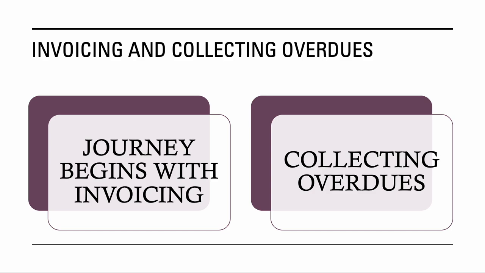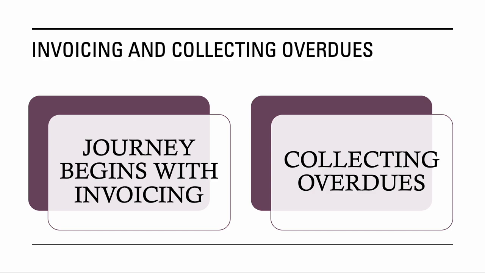One, he hasn't paid the dollar value, and two, he hasn't abided by the agreed credit period, which is 30 days. So in such a case, what is my responsibility to ensure the financial health of my company?